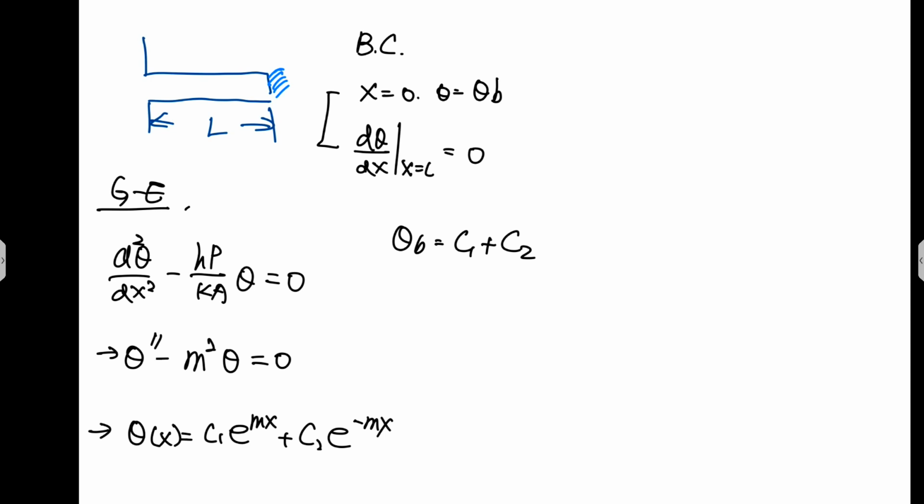And for the second one, the 0 becomes... Let me do this first, because some of the students say it's better to write it down more clearly to remind them of the mathematics. Minus m C2 e minus mx. Okay, this is the ordinary first order derivative.